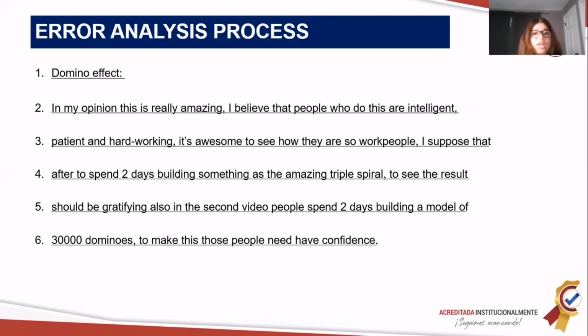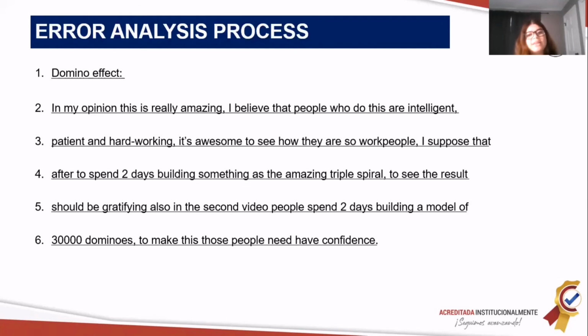Initially, you must choose the text to be analyzed. In my case, it is a text about the domino effect. Secondly, all the lines must be divided and numbered. So for example, here 1, 2, 3, the numbers of lines that your text has.